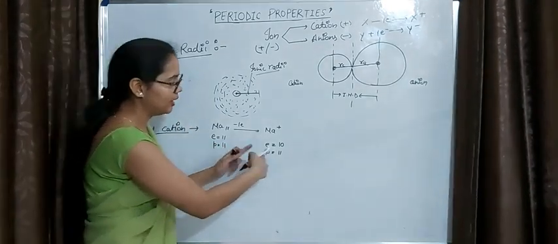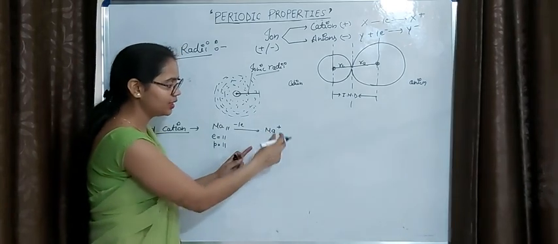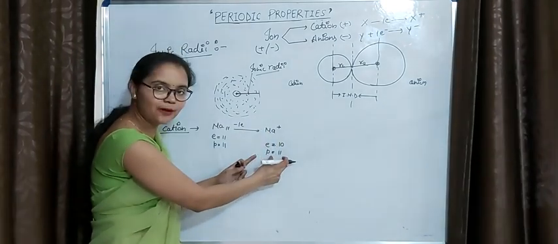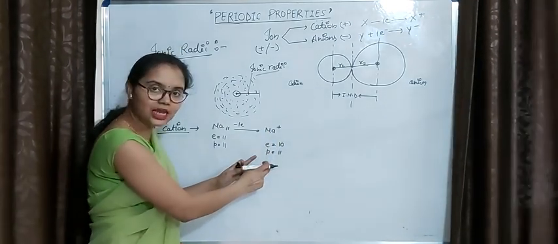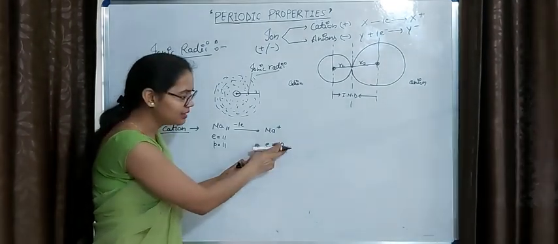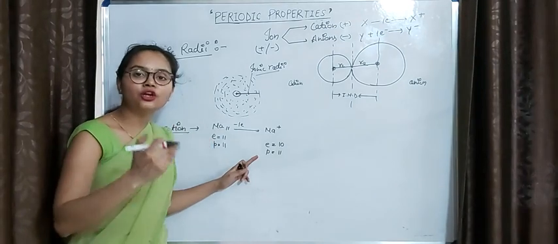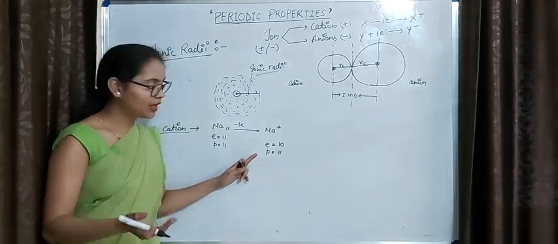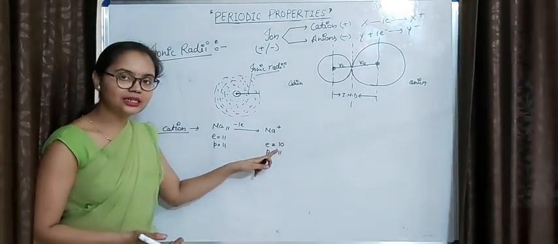But in Na⁺, the protons are the same, meaning the nuclear charge is the same, but the number of electrons is less. So per electron nuclear charge will increase as the number of electrons is less.